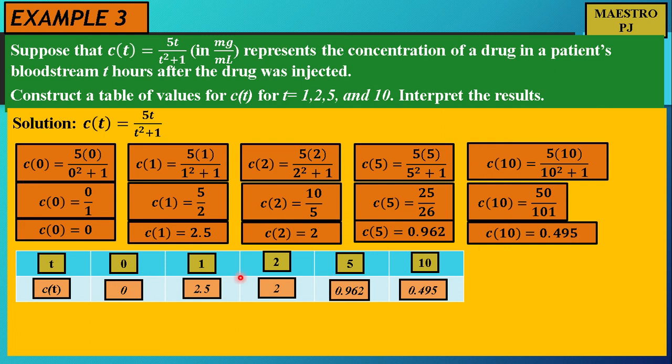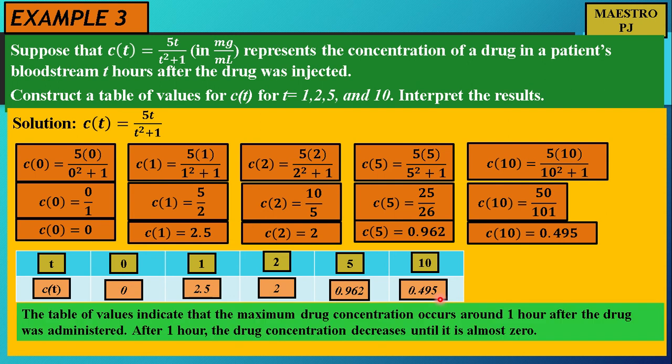So as you can see, dito sa table natin, habang papatagal ng papatagal, so after 1 hour, after 2 hours, 5 hours, and 10 hours, papaliit naman ng papaliit yung concentration ng drug. So from 2.5 to 0.962 to 0.495. So as interpretation, the table of values indicate that the maximum drug concentration occurs around 1 hour after the drug was administered.